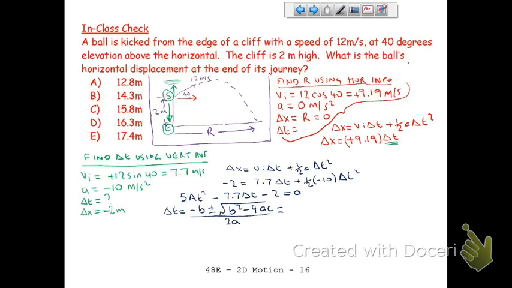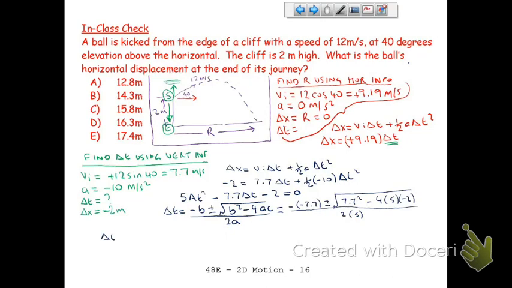So we have minus 7.7 plus or minus the square root of 7.7 squared minus 4 times 5 times minus 2, all over 2 times A. A is not acceleration. A is the first coefficient.